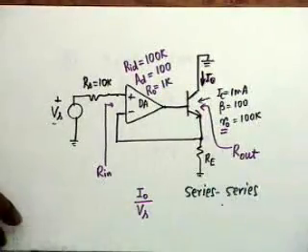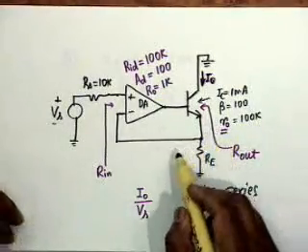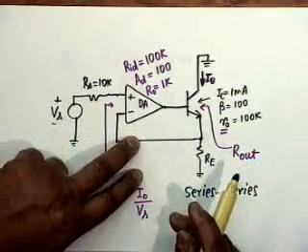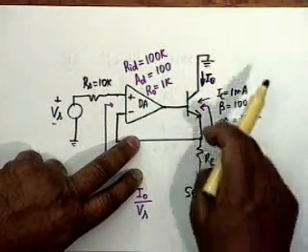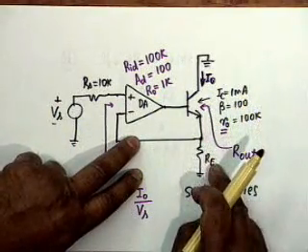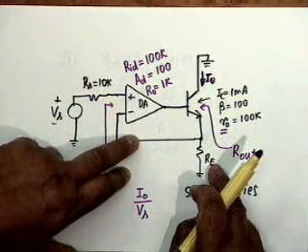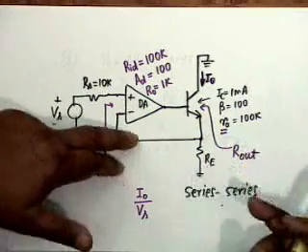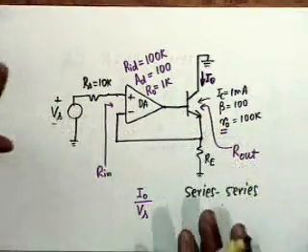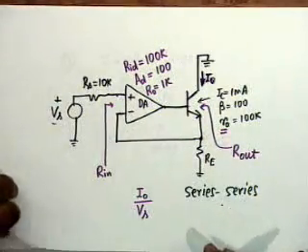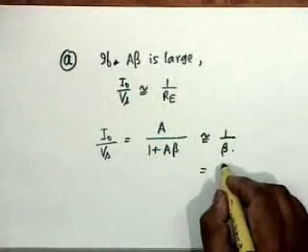Not 1 by Re. Because the voltage fed back Vf prime is equal to I0 prime multiplied by Re. And therefore Vf prime divided by I0 prime is equal to Re. Is it obvious, or should I draw the diagram? It's obvious. And therefore this is equal to 1 over Re.